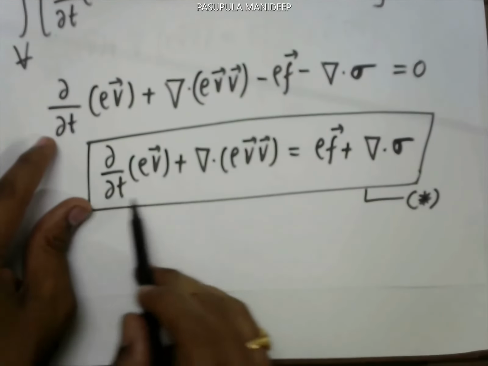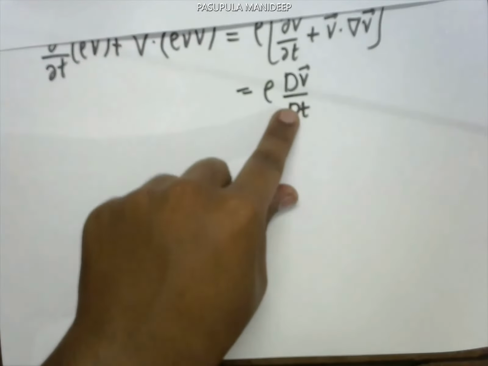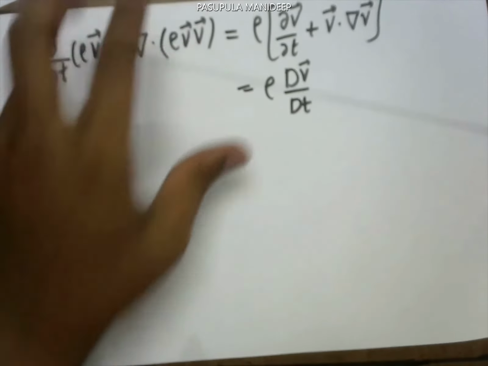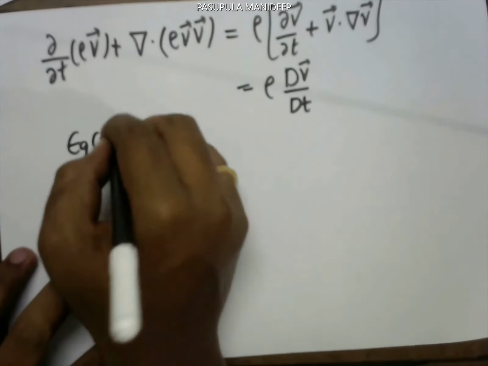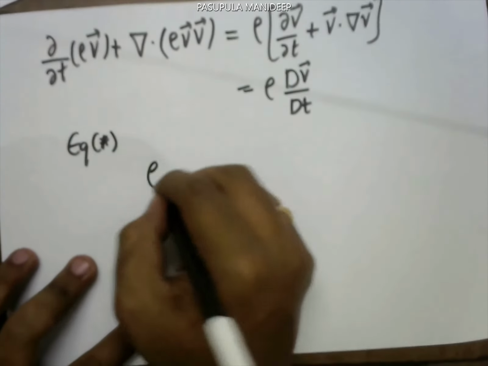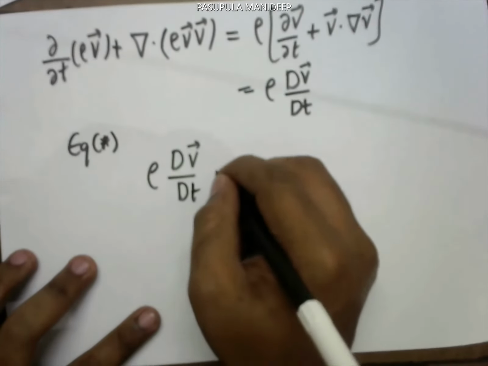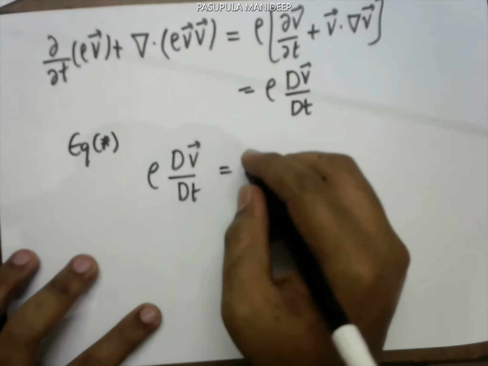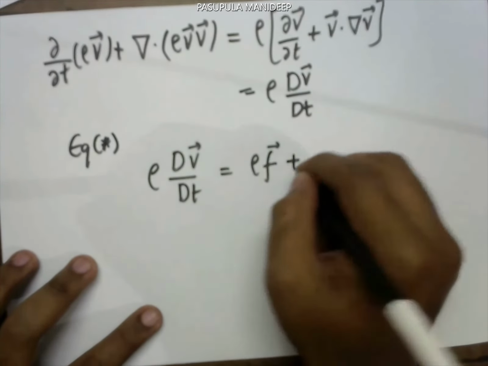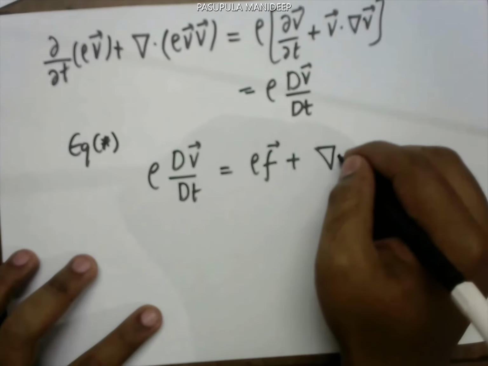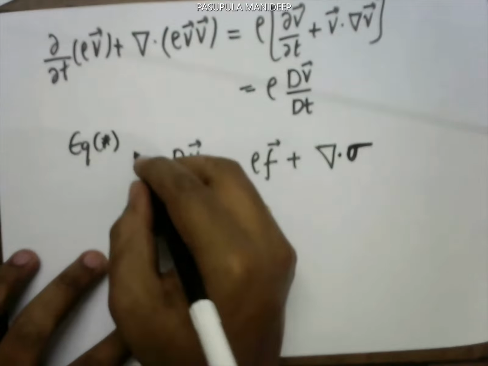So now we can substitute this left hand side by this, right? So if I rewrite that equation star, I can write rho dv by dt equal to rho f bar plus grad dot sigma, right?